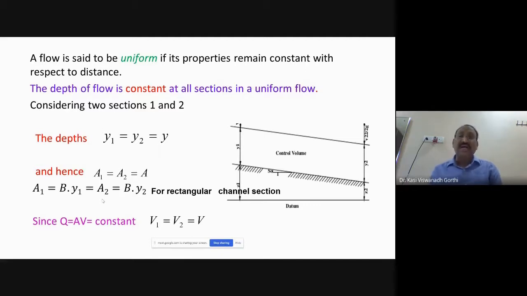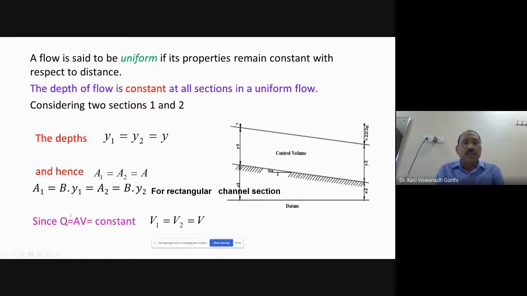In a simple one-dimensional flow analysis, the volume rate of flow along the length of the channel at different sections would be constant. In other words, Q is equal to A into V, which is constant. A, in our case, is the wetted area, and V is the mean velocity at a given section.